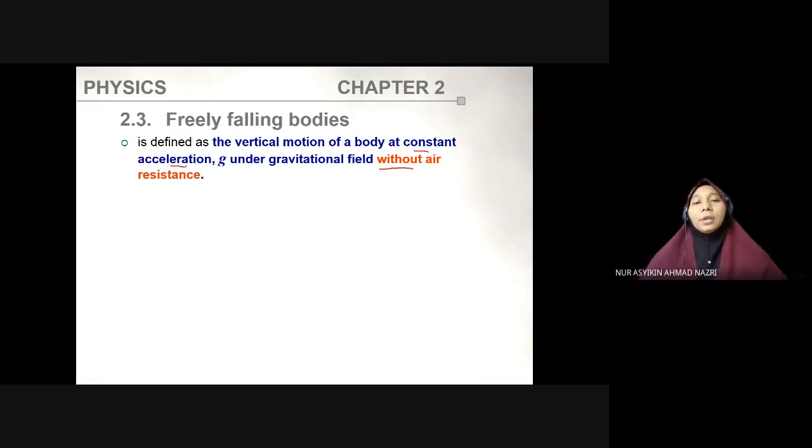So kalau dengan air resistance tu tak sama, macam yang Madam Fadia explain dalam video tu. I hope that you already watch that video. Okay, so dia explain macam mana satu batu ke apa, bola jatuh, lepas tu dengan ada kertas ke apa ke. So kalau dengan considering air resistance, dia fall tu takkan sama.